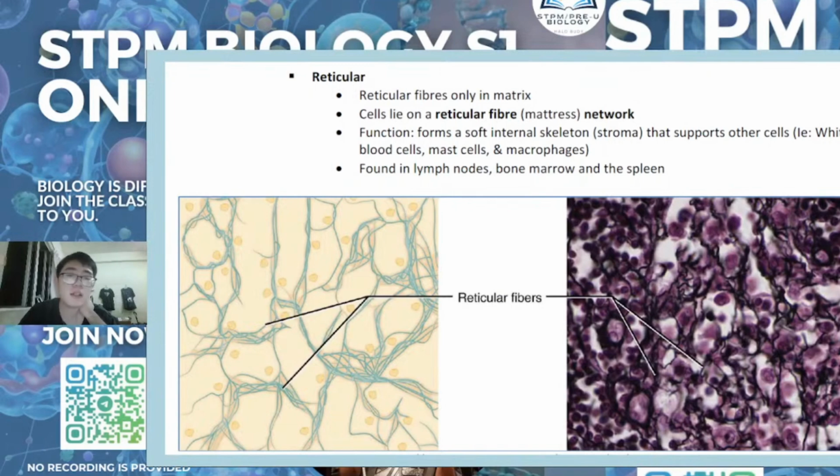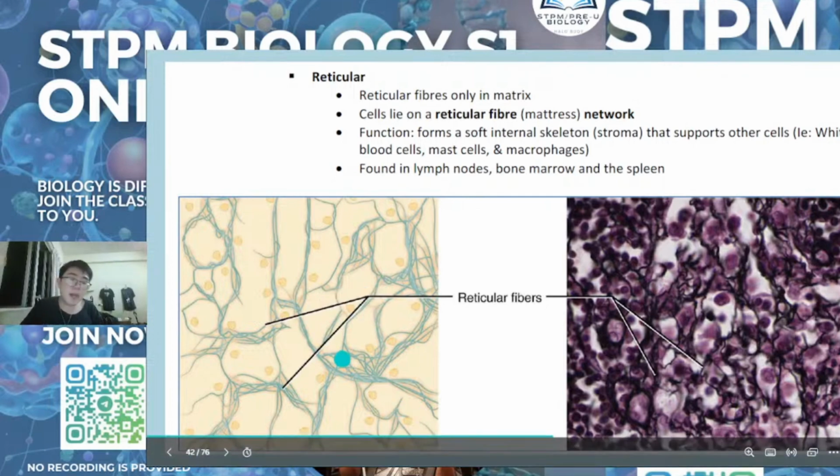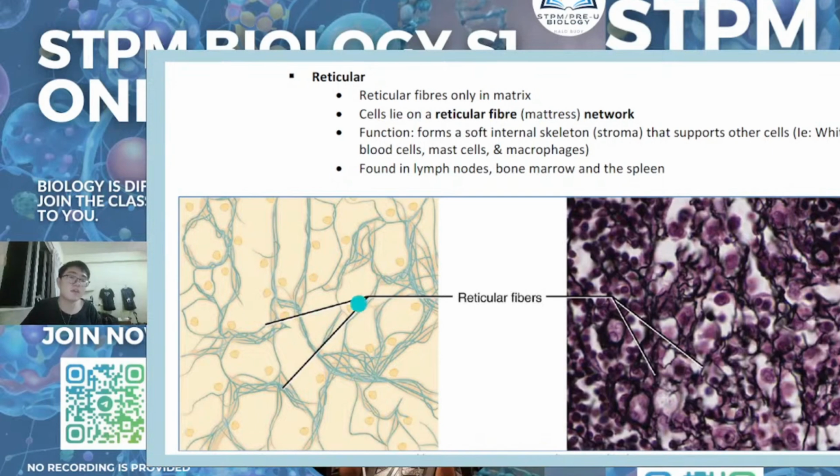So reticular tissue contains the reticular fiber. We will find the reticular fiber in the tissue. You see that there are many reticular fibers surrounding the cells.